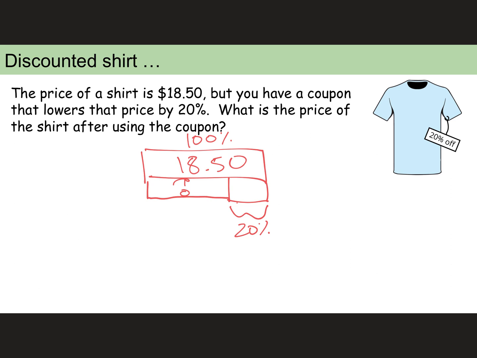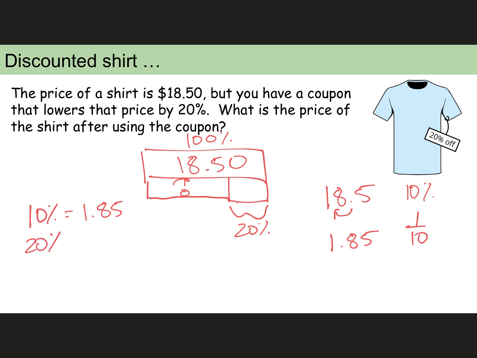Now, what I'm going to do with this one is a little different, just to remind you about this. What is 10% of 18.5? Well, 10% is the same as 1/10, or dividing by 10. So what would happen if I divide 18.5 by 10? When I divide by 10, my decimal moves over 1 point. So I'm going to have 1.85. So I know that 10% is 1.85.